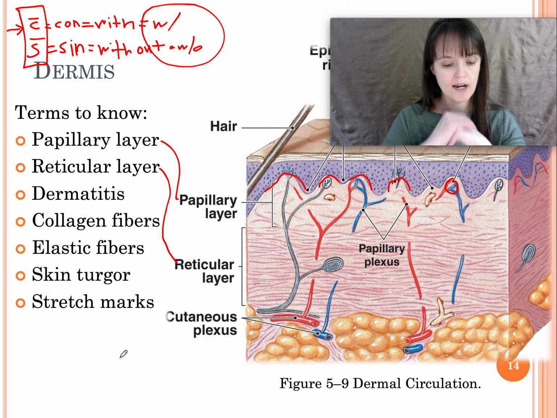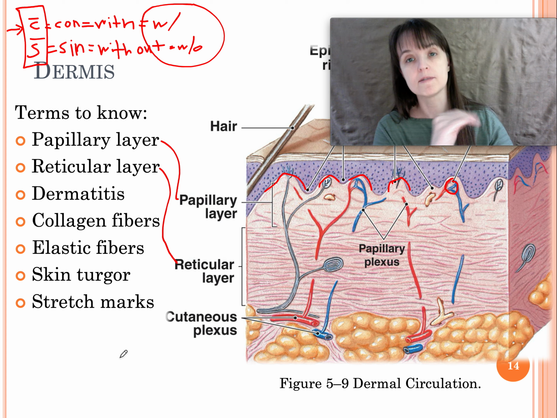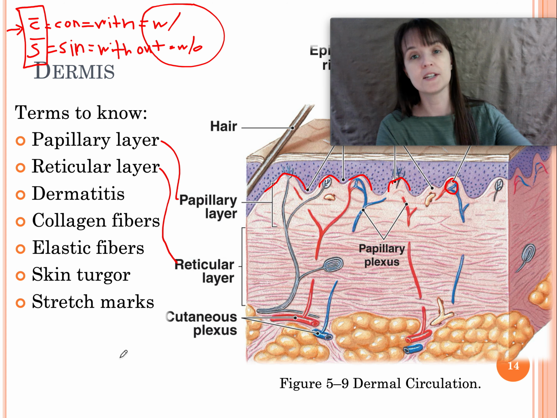Next in the boxes, collagen fibers are strong, they resist stretching, they're easily bent and twisted, and by resist stretching, I mean you can't stretch them, like this pencil resists stretching. You can't stretch the pencil. Although unlike the pencil, collagen fibers can be bent and twisted, you just can't stretch them.